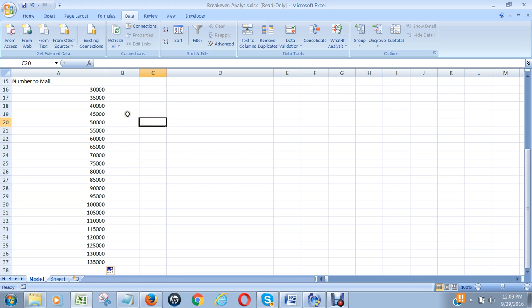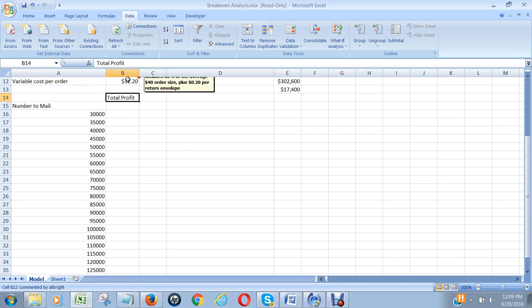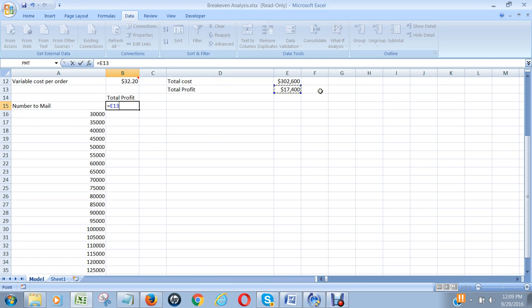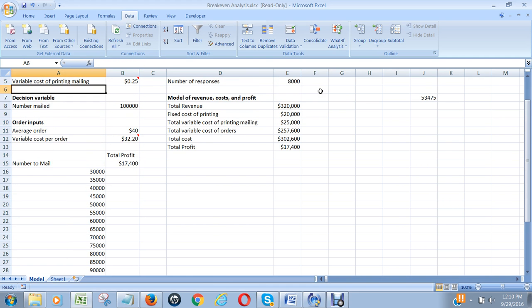Then the next thing I would do is put what the total profit would be in this column and use the one input data table feature to automatically substitute the number to mail into this position right here. So what I'm going to have this do automatically is what I'm going to show you here manually. It's going to take this 30,000 and put it right here.